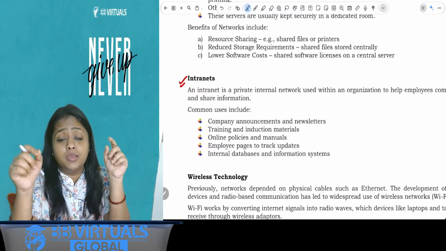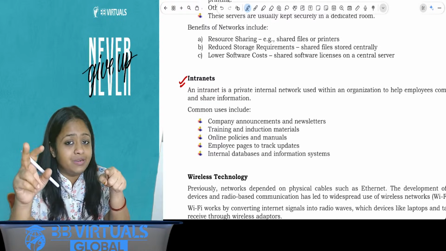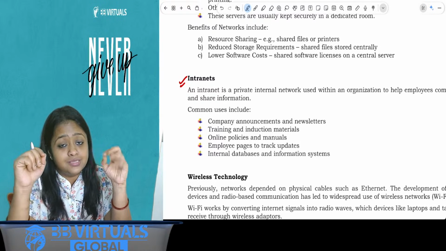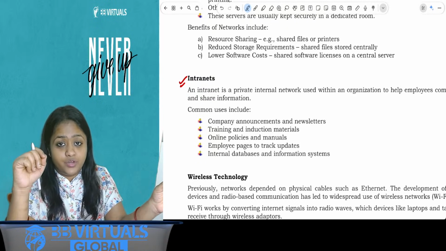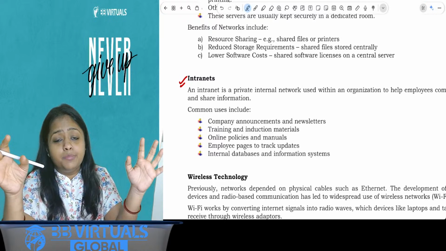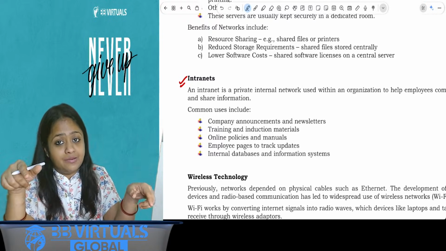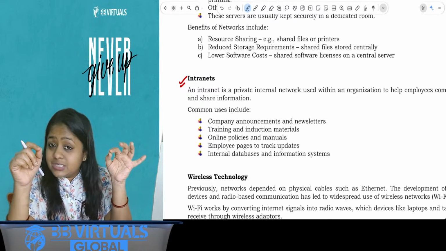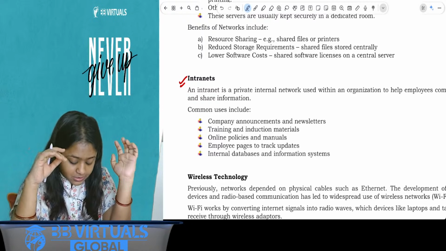For example, you are an employee of Deloitte and you want to access your employee platform that's privately available only to the employees. I, being a third party, cannot access the employee portal of Deloitte. I can only access the website of Deloitte, which is available to the public in general. So that is available on the public network and not on the private network. Private network is accessible by the employees only, and generally it is connected through internet.